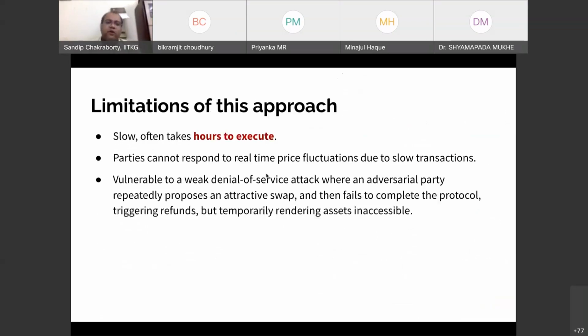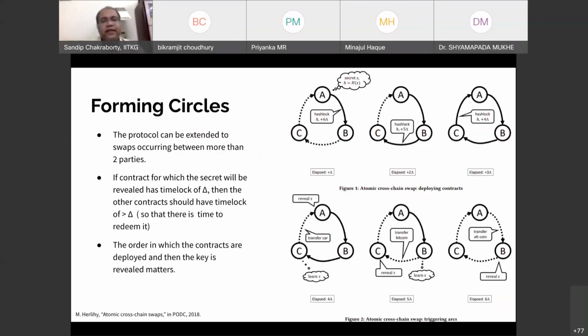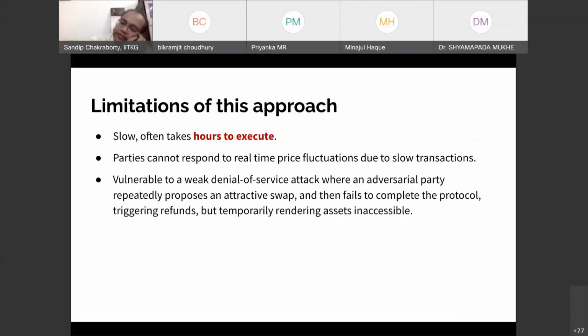Okay, so one particular limitation of this approach, this HTLC, is that it is very slow. It is slow in the sense that it often takes hours to execute. Because you are submitting the contract and then you are going to reveal the key, and only the moment you reveal the key will the contract get executed.